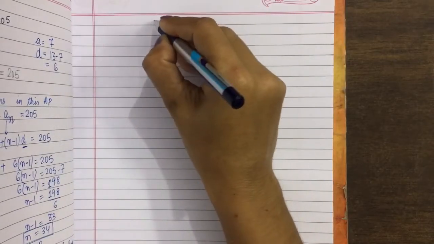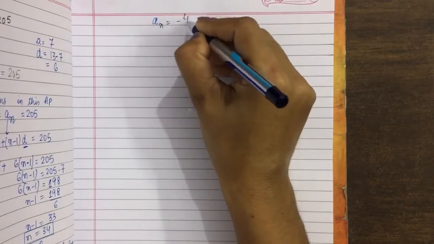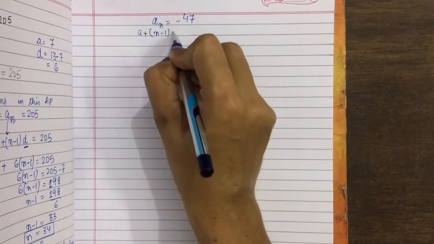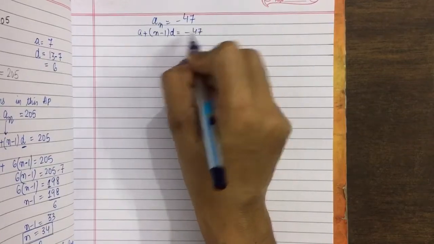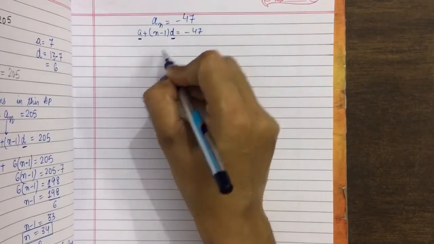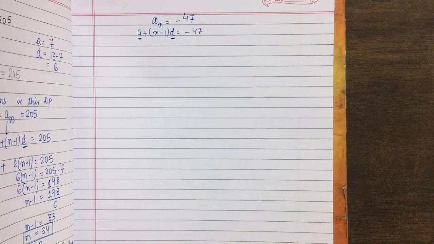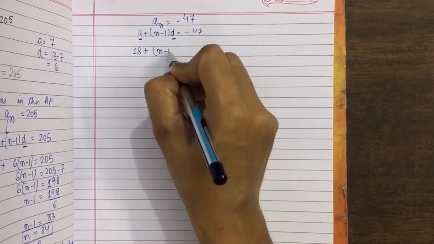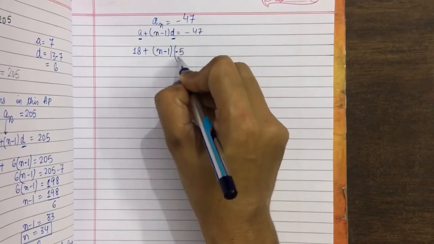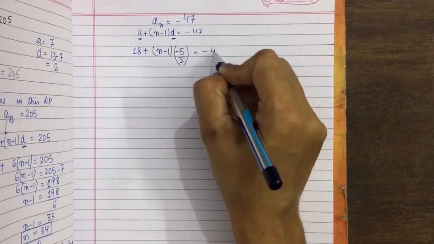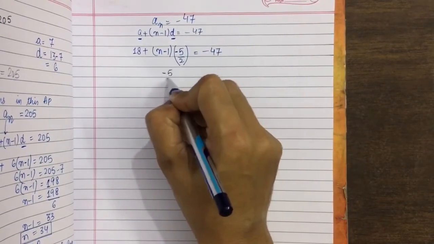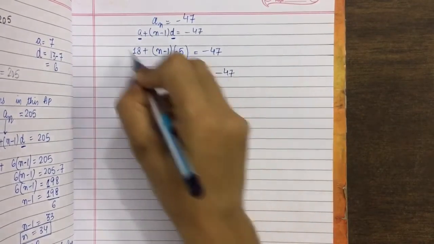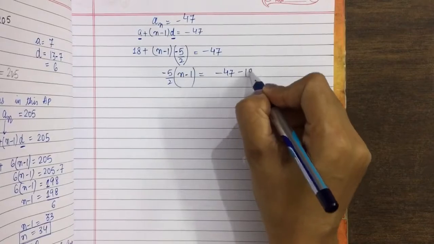Now I have the last term as minus 47. I'm just going to use the formula for an, and in the formula I'll be substituting the values of a and d, which I have obtained already. A is 18, n minus 1 multiplied with the common difference. Now I'm keeping the product here, minus 47, transposing 18.